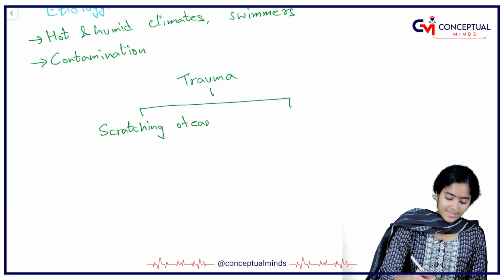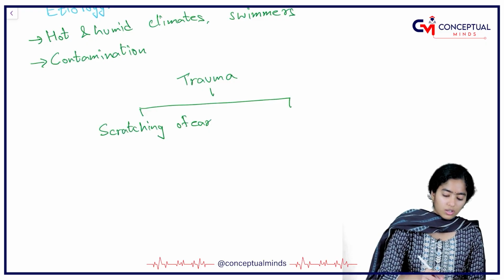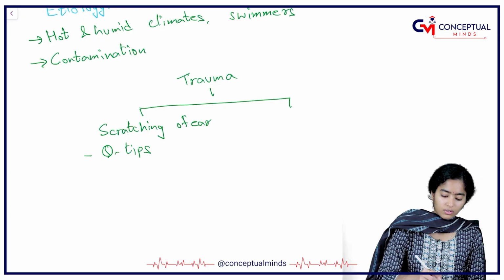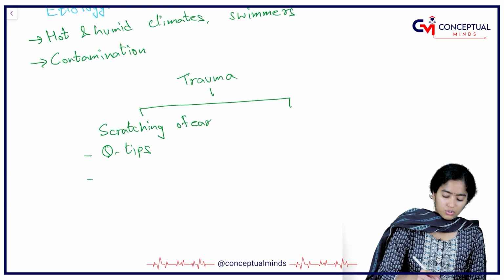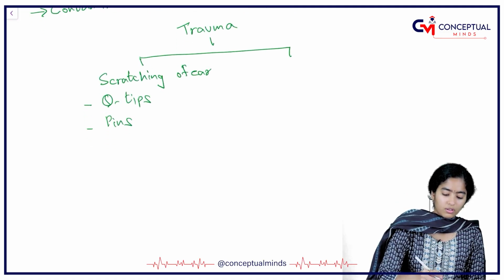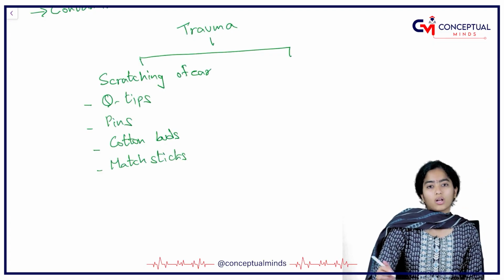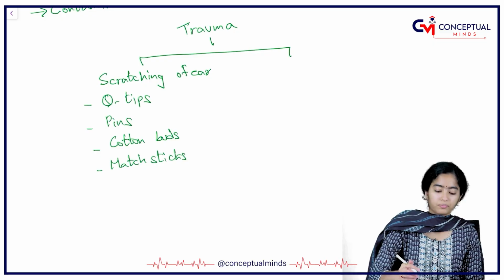Scratching of the ear is done by the patient with Q-tips, some sharp instruments like pins, cotton swabs, cotton buds. They also actually use matchsticks. All these things the patient is introducing.